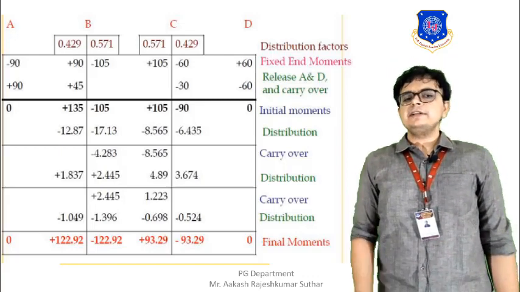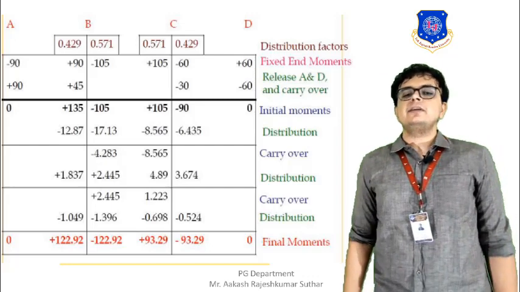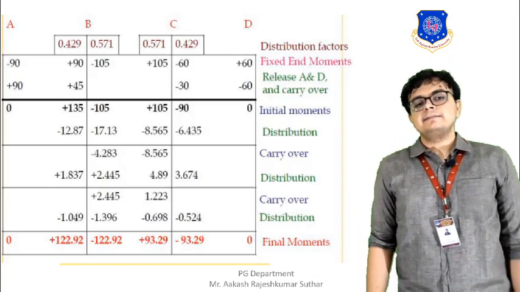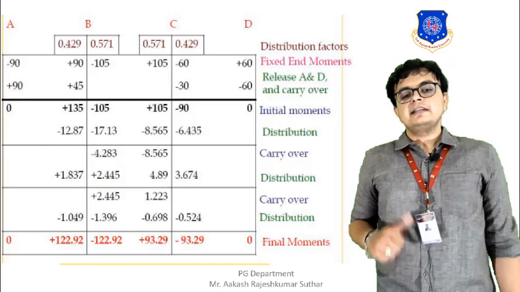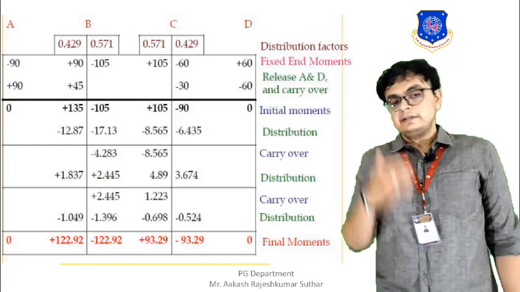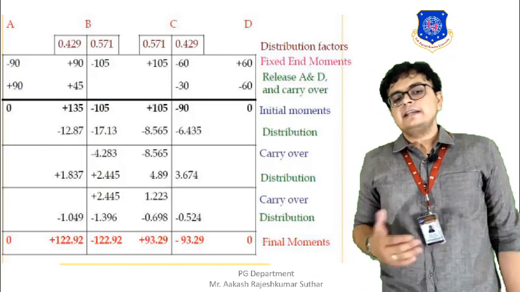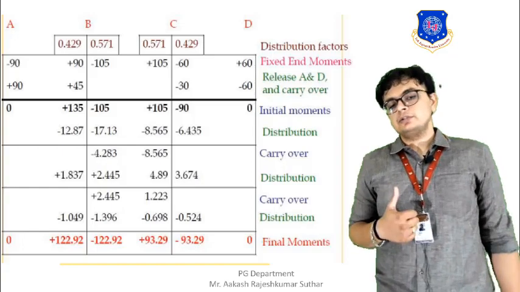So while doing the addition at A joint and B joint, we are getting the bending moment equal to 0 for the fixed end moment at A. Sorry, at joint B for MBA, we are getting the final moment of 122.92 kilonewton meter.